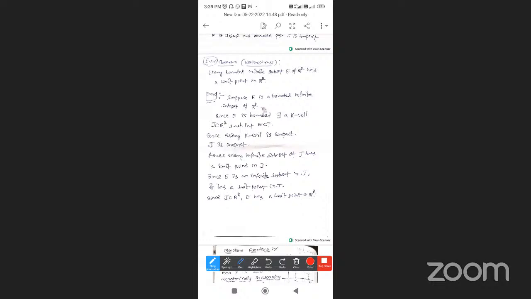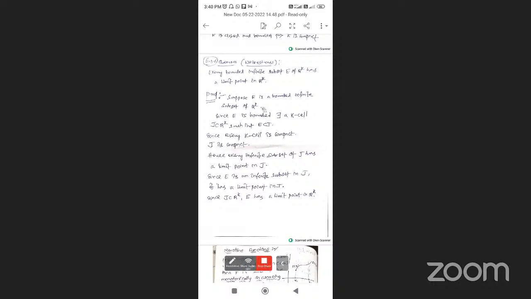Since E is bounded, there exists a k-cell J subset of R^k such that E is a subset of J. Since every k-cell is compact, J is compact. Since every infinite subset of J has a limit point in J, and E is an infinite subset of J, it has a limit point in J. Since J is a subset of R^k, E has a limit point in R^k. This is the topic 6.3.